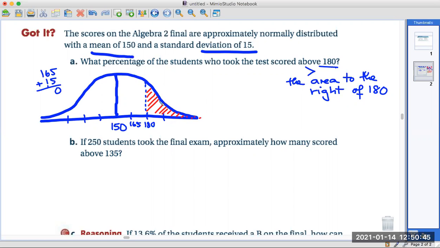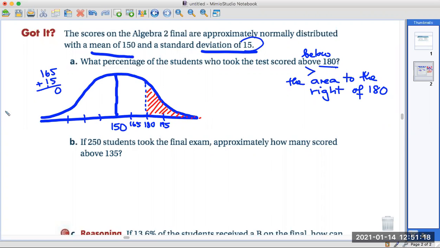We have to figure out what our percentages are. By the way, the next one would be 195, I believe. That's as far as we'll go, 3 standard deviations. Each one is 15, so you can add it. If you go the other way, you get lower scores, but we don't need that because we need the area above. Had it said below, then you would find all of the area to the left.